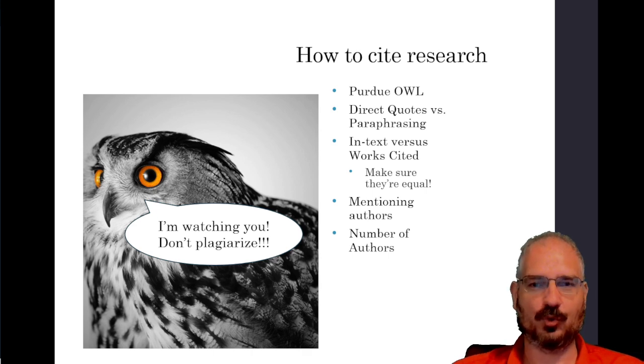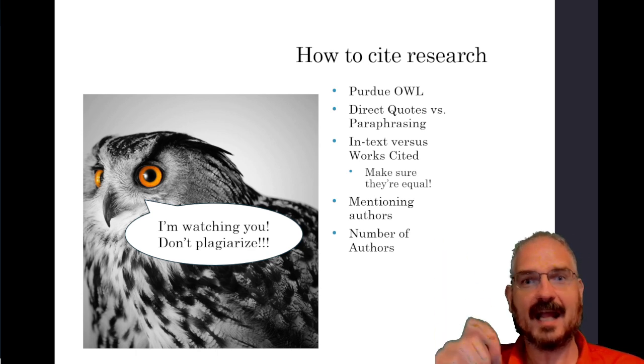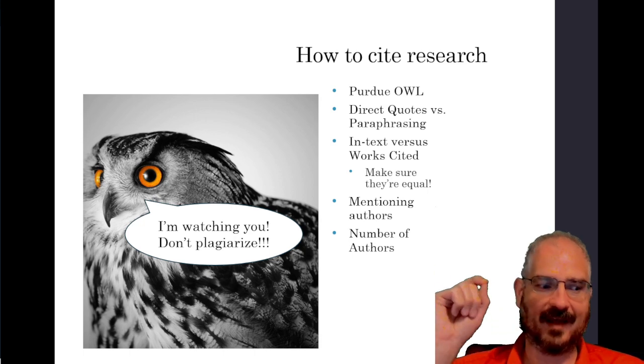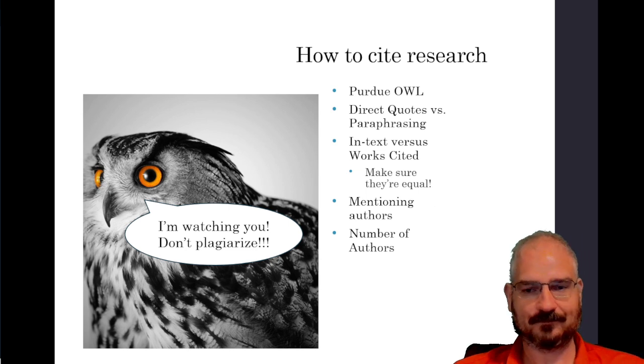So make sure, if you're ever writing a paper for me, that those match up. If you have a works cited page with 5 entries, make sure there's 5 different in-text citations with those 5 sources, right? And again, you can have more than one in-text citation for every works cited entry, but you have to have at least one, right?